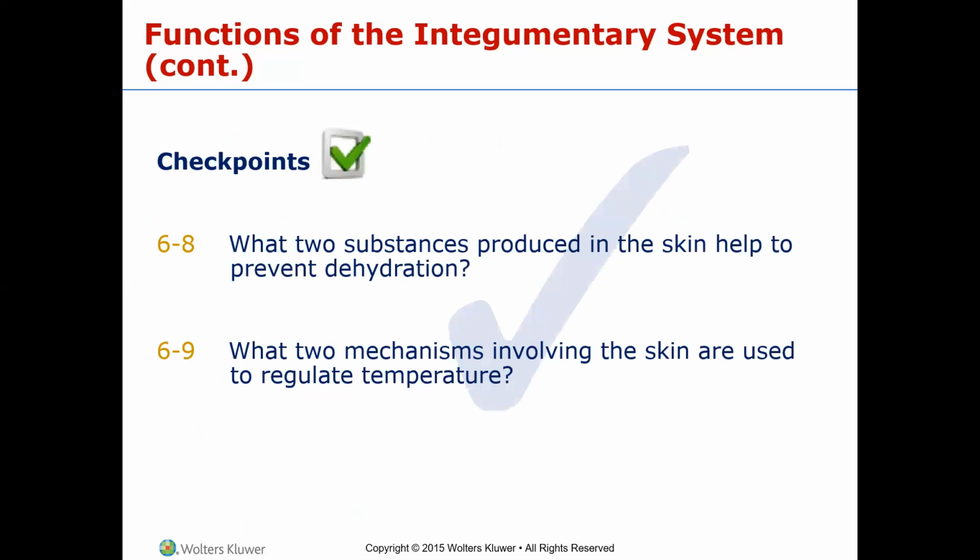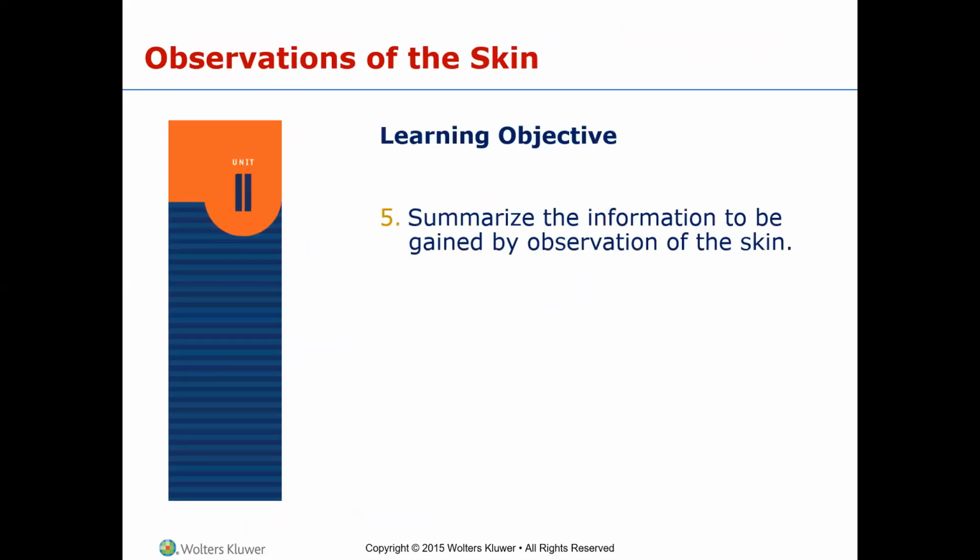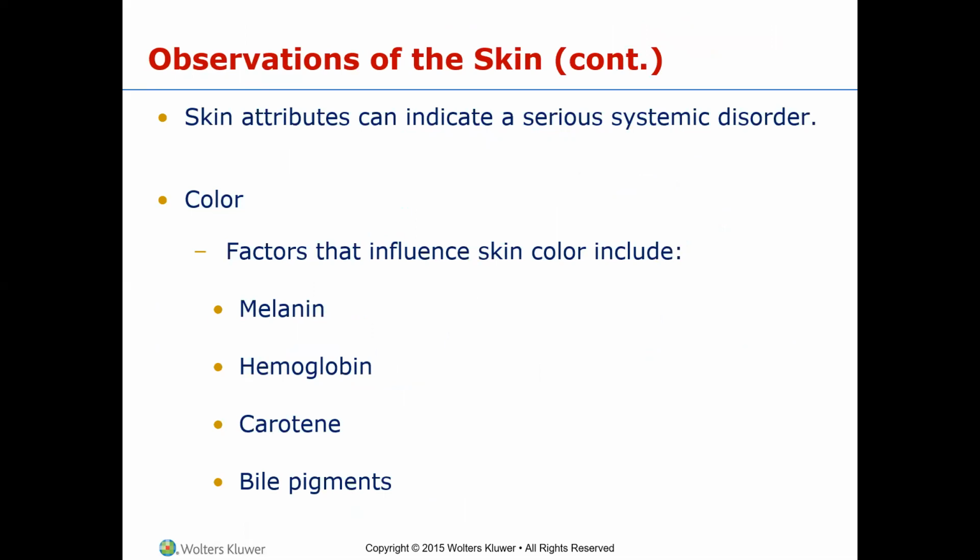Some of the checkpoints, when we look at the observations of the skin: we are most often attributing our health to the color of the skin. So some of the things that affect the color are a pigment cell, a melanocyte, which contains melanin, which is the pigmentation.